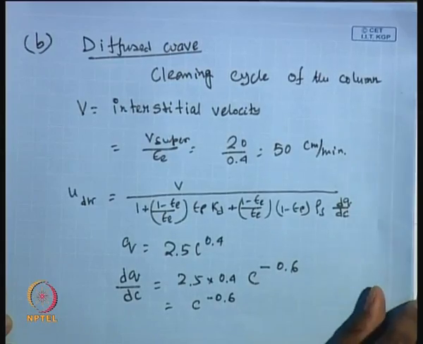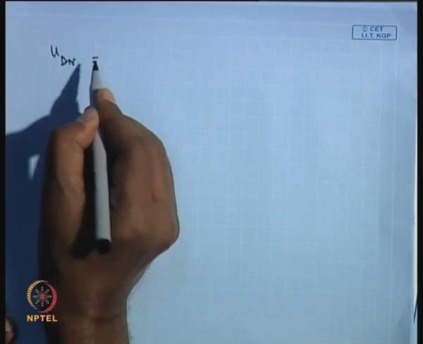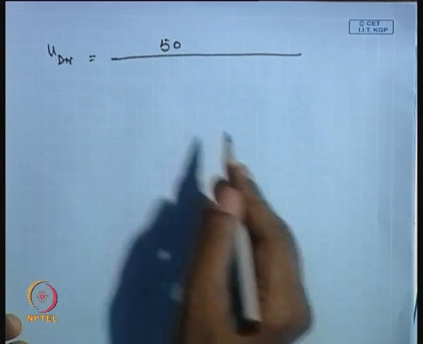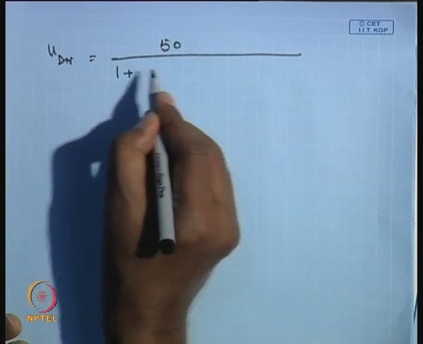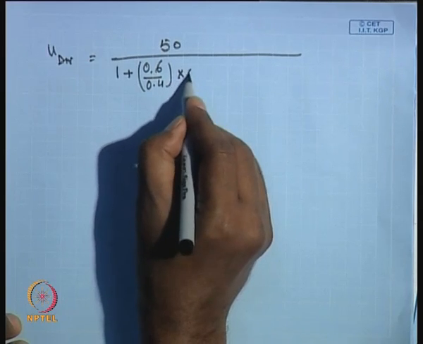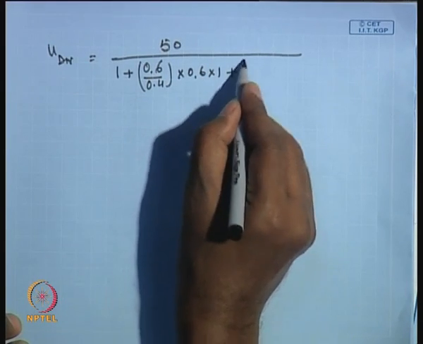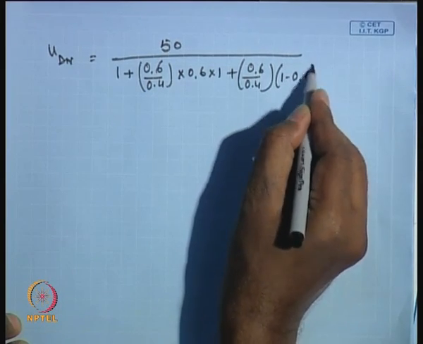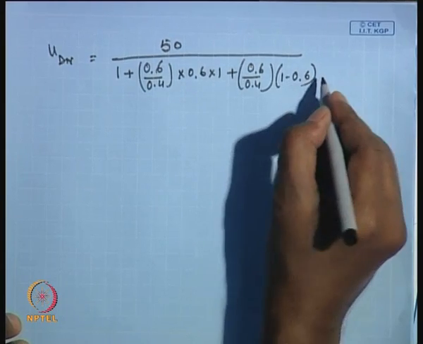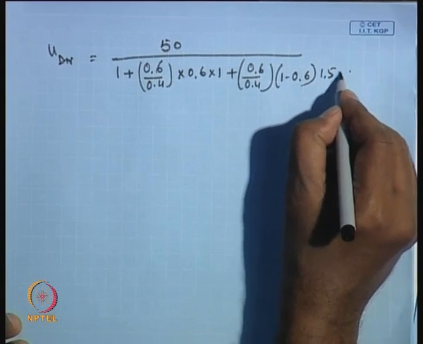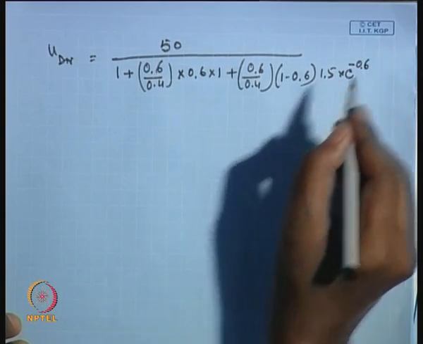So, now you put all these values in your diffused wave velocity. This turns out to be 50, that is the interstitial velocity in this particular case, 1 plus 0.6 divided by 0.4 into 0.6 into 1 plus 0.6 divided by 0.4 into 1 minus 0.6, that is 1 minus epsilon p, rho s is 1.5, and dq/dc I will be replacing by c raised to the power minus 0.6.